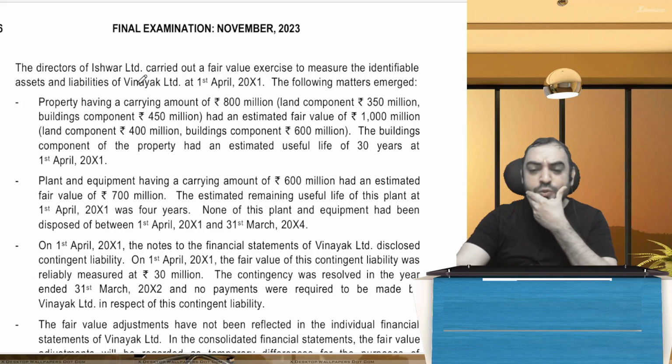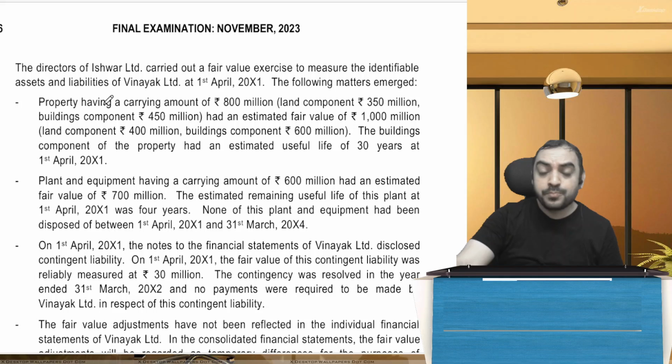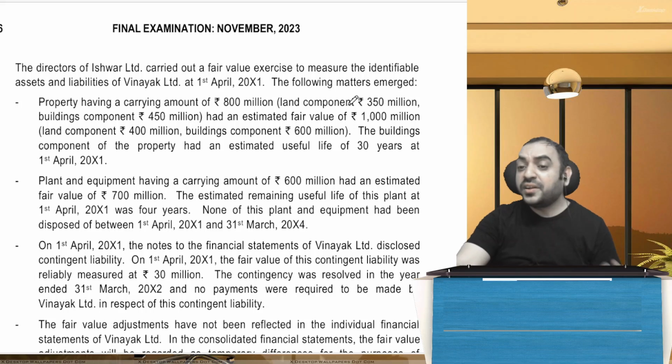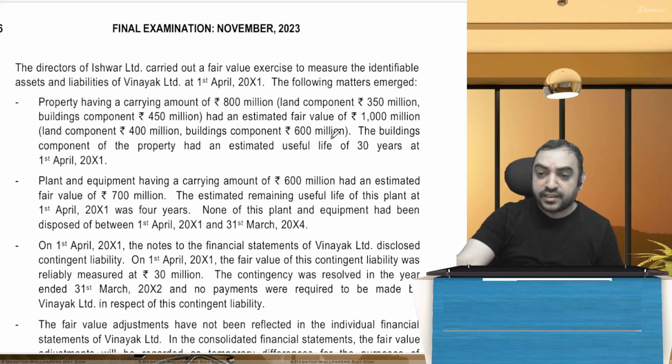The directors of Ishwar Limited carried out a fair value exercise to measure the identifiable assets and liabilities. The following matters emerged. A property having a carrying amount of 800 million had an estimated value of 1000 million, where land component 350, building component 450, revalued at 400 and 600.